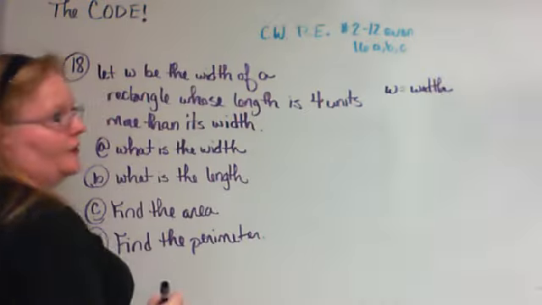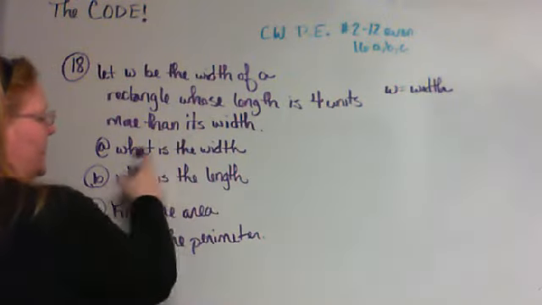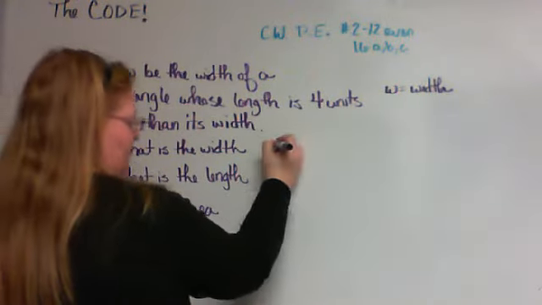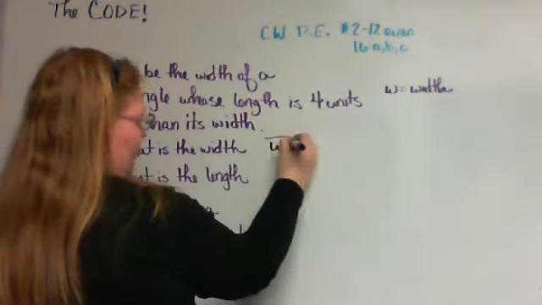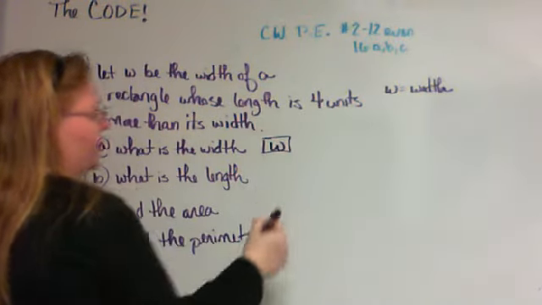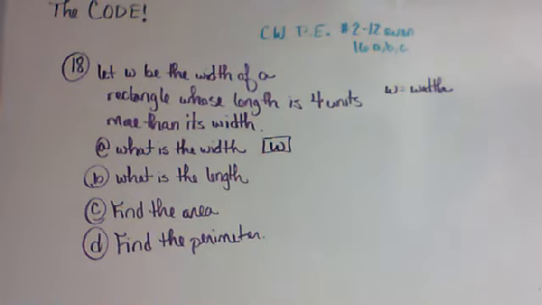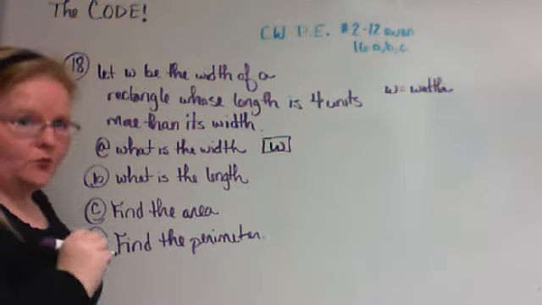That's the whole point of it. So when they say, what is the width? Our answer is W. That's what we're calling it. We don't change it. We don't find out what it is. They didn't ask all that. They just wanted to know what it was, and what we're calling it is W. That's what they told us to call it.